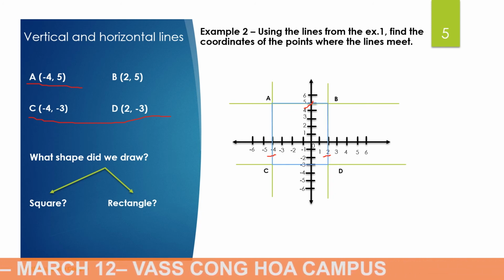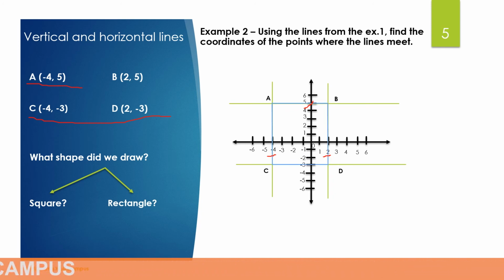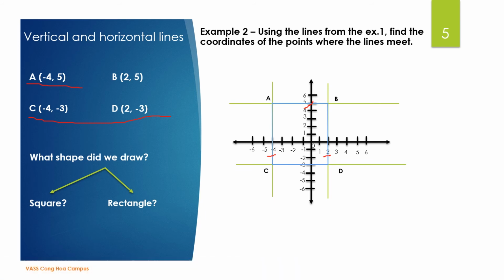Let's see. So, in order for this to be a square, all sides have to be equal, right? But in a rectangle, only pairs of sides are equal. So let's see the side of AB and CD: 1, 2, 3, 4, 5, 6.